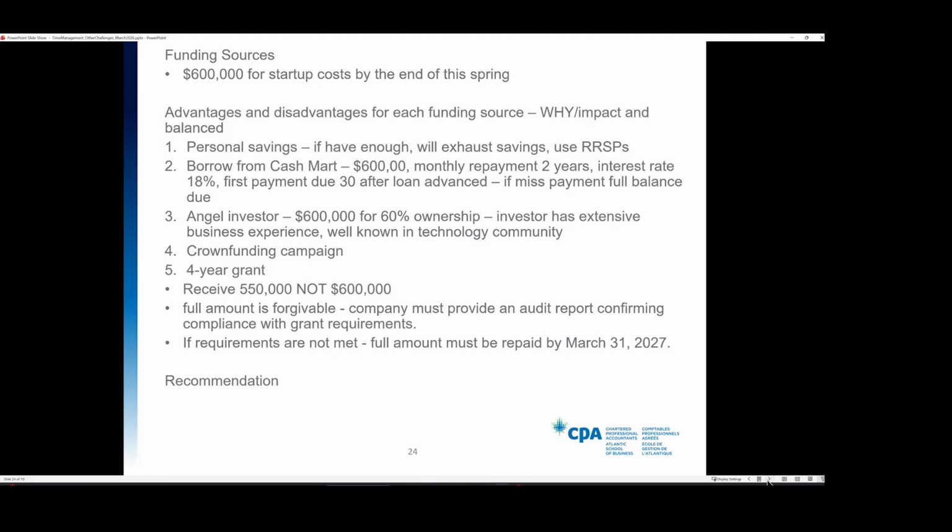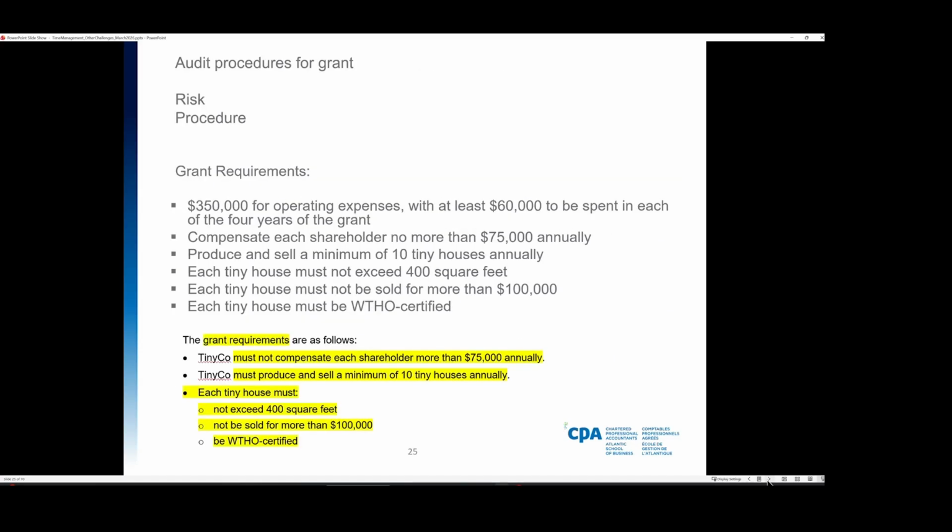And if the requirements are not met, then it must be repaid March 31st. So again, we've got a lot of the relevant information that we can turn into an advantage and disadvantage analysis.